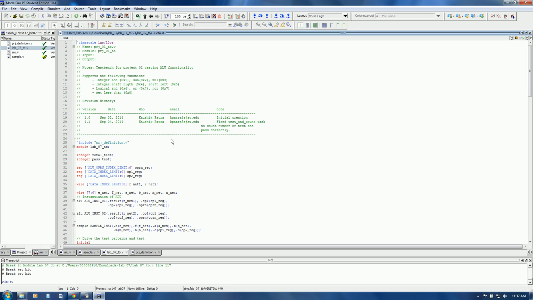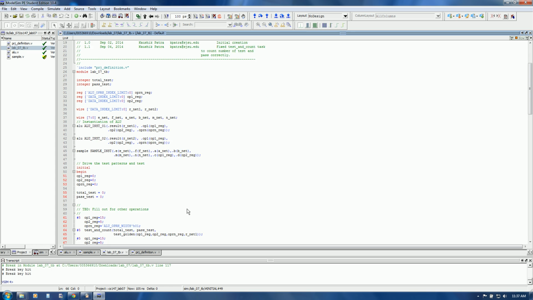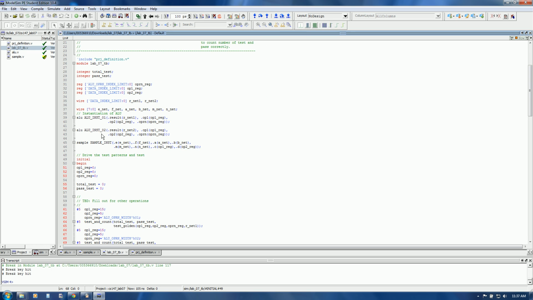In the test bench, we are instantiating two ALUs, passing in the same operation and operands, but observing the result back on two different nets, rnet1 and rnet2. Then we instantiate the sample instance, whose inputs C and D get operand 1 and operand 2.